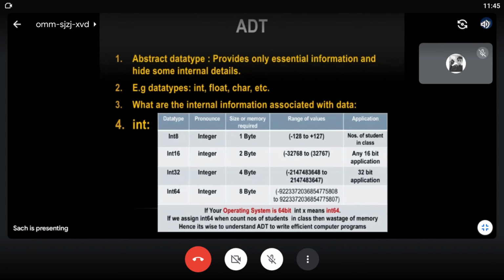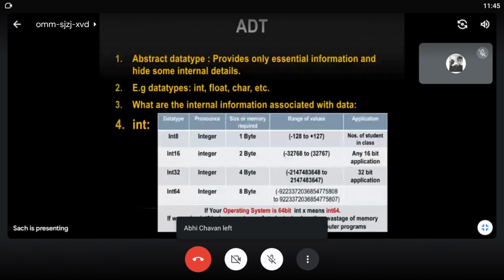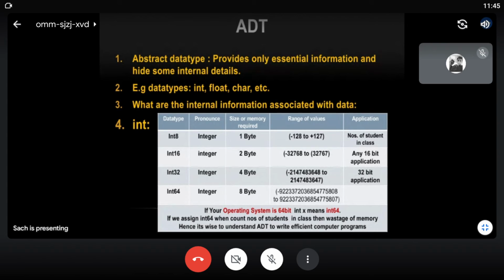So I recommend you to remember at least the INT 32 range. You can remember it very easily if you classify it. Now, based on these figures, you might have understood how it is associated with memory. Now let's move to another data type.